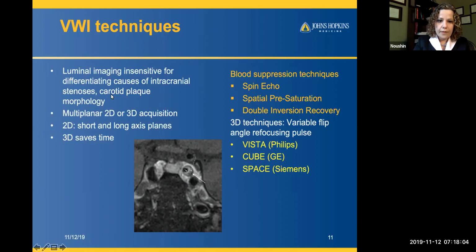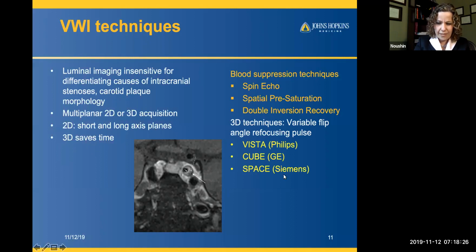Also, if you want to evaluate carotid plaque morphology, which helps us in deciding what patient needs to get treatment, vessel wall imaging technique can be helpful. It can be performed as 2D or 3D acquisition. 2D along the short and long axis of the vessel, and then 3D techniques.